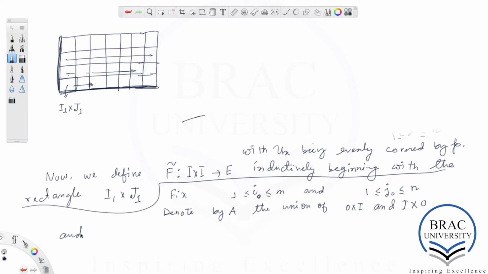and all the rectangles previous to I sub i0 cross J sub j0. So let me locate, suppose this is our rectangle, which we call I sub i0 cross J sub j0.